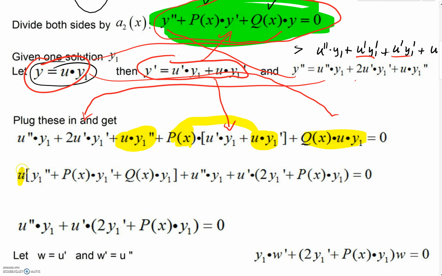We've more or less just factored a u out, and what are we left with? A y1 double prime. Here, remember, we're distributing that p of x in, so we'd have a p of x y1 prime. And here, we just have a q of x y sub 1. So we're doing a little bit of work there.